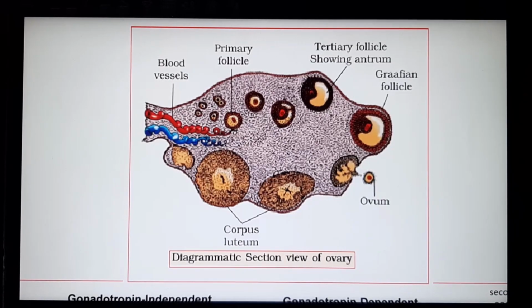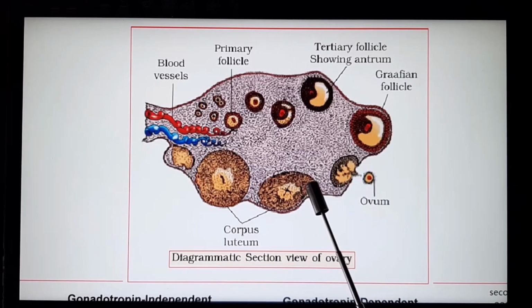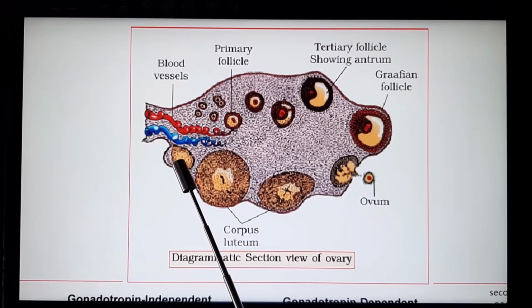The follicle cells which surround this ovum transform into the corpus luteum, which synthesizes and secretes the hormone progesterone, which is necessary for implantation and further development of the embryo. In the absence of fertilization, the corpus luteum degenerates. So this pictorial representation is important for the theory as well as in the practicals.